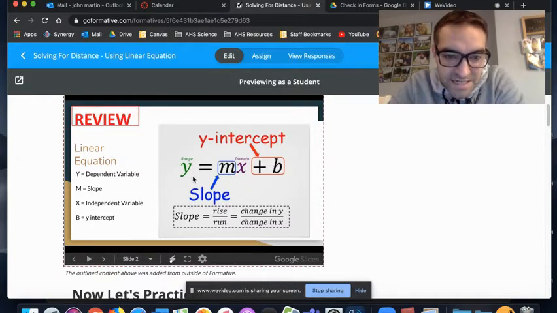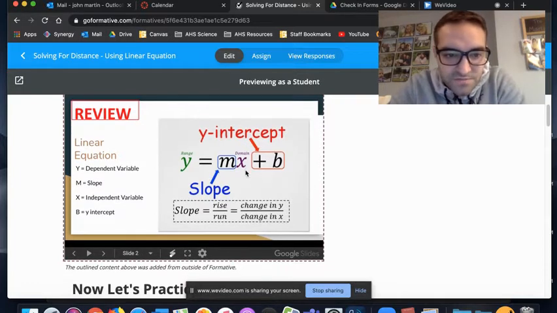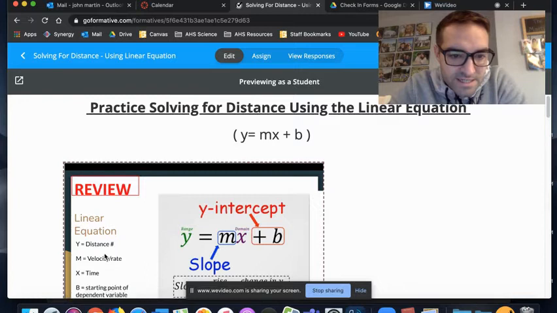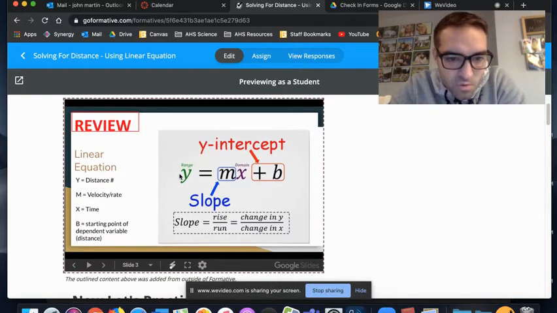But with our data in this distance versus time relationship with a constant velocity, it is a linear relationship. So we can use this to make predictions about the future. So again, our y variable is distance. So in today's activity, you'll be solving for y.